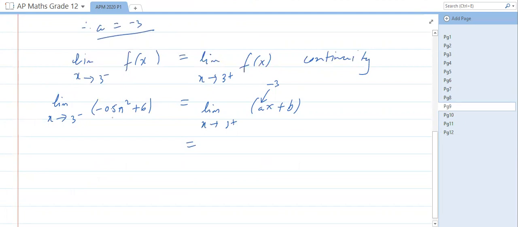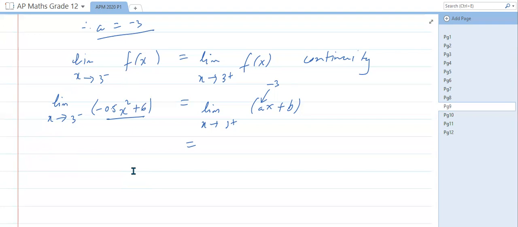Substituting 3 inside this function, minus 0.5 x squared, remember this is a half and this is 3 squared, which is 9 over 2. If you just pop your calculator, or let me just solve it, minus 9 over 2, which is minus 4.5, plus 6 should give me 1.5.